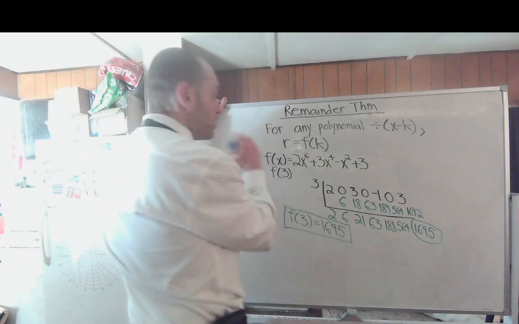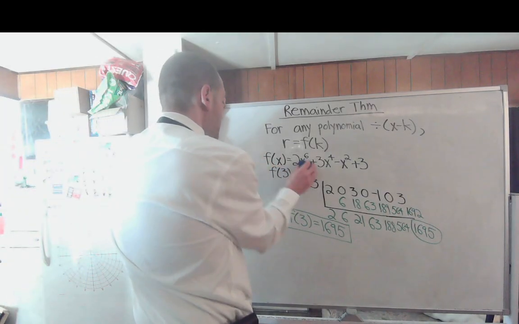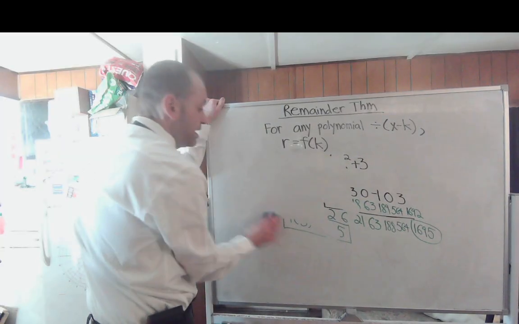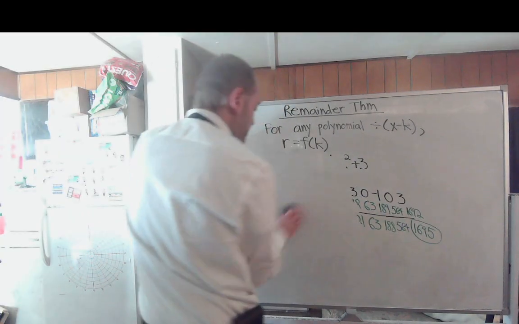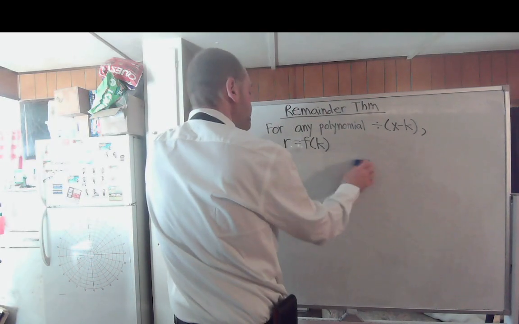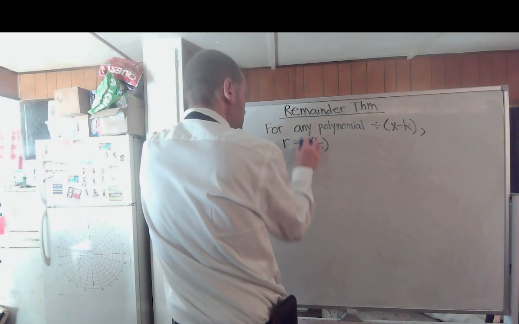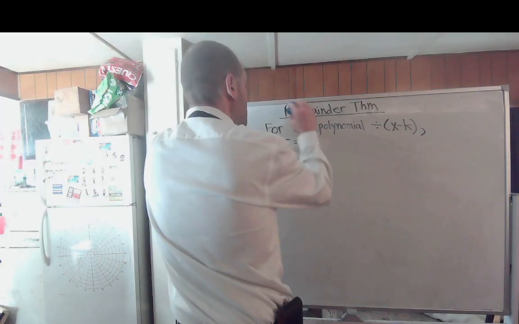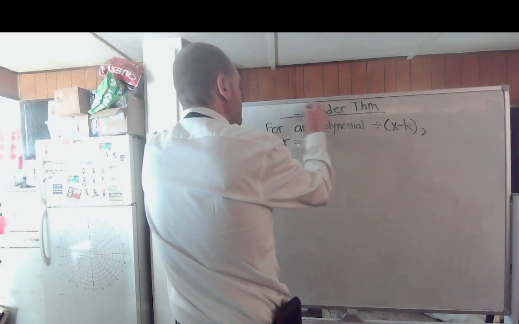Now the next part is called the factor theorem, and it kind of piggybacks off the remainder theorem a little bit. Let's bring up the factor theorem.